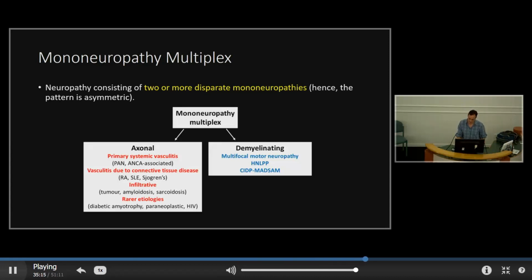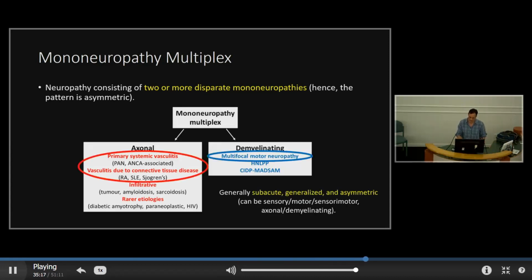So axonal or demyelinating. Now, axonal ones are going to be vasculitis or infiltrative. Axonal mononeuropathy multiplex is nasty. We must get onto that. We must diagnose it reasonably quickly and treat it, because vasculitises involve nerve death at a fairly rapid rate, and they can be primary or due to a connective tissue disease such as rheumatoid arthritis, lupus, or Sjogren's.